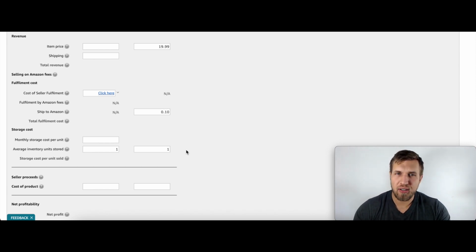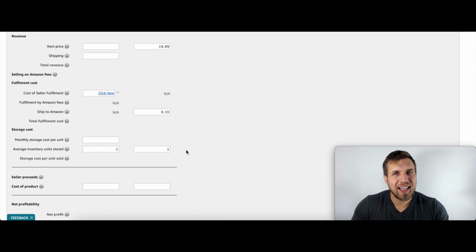Okay, so sales minus cost of sales, which includes the product cost from China as well as the Amazon fulfillment fees, what do we get after those two costs are taken away? And this is what we're trying to figure out. This does not include things such as storage, things like PPC advertising, things like advertising outside of Amazon, and various other things. It doesn't even include your own salary, taxes.